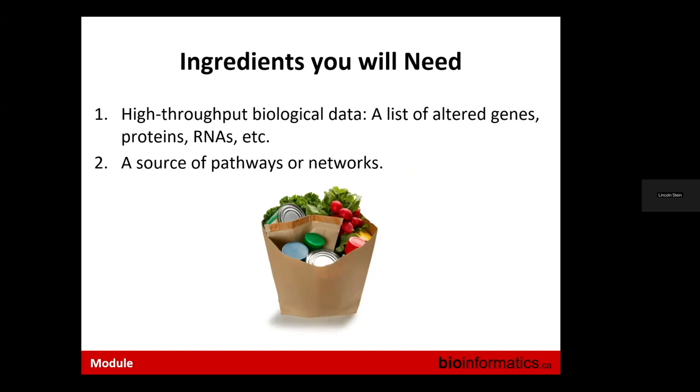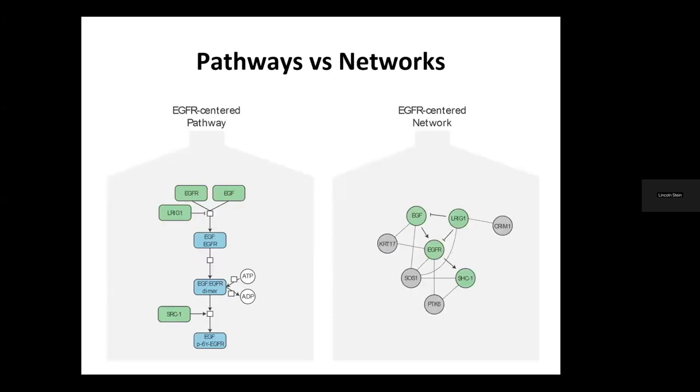It can come from proteomics, it can come from kinase screens, it can come from RNA-seq or single-cell RNA techniques, but you need a large sample size and hopefully a large number of perturbations of the system. And then you need a framework of annotated pathways and/or gene networks to work on.